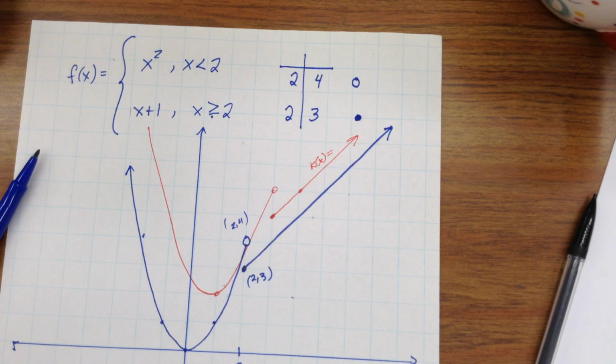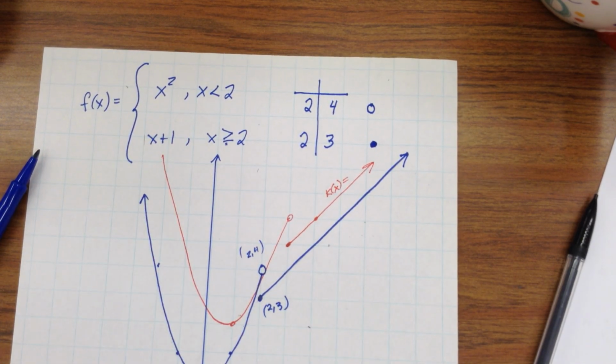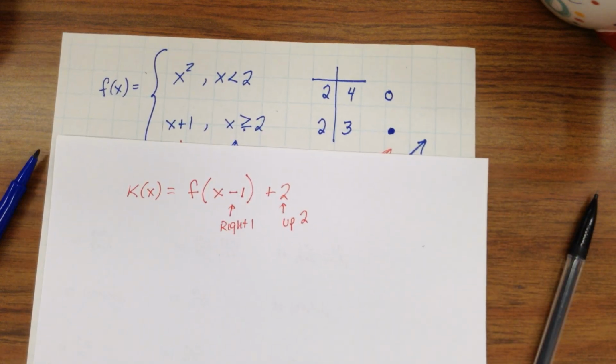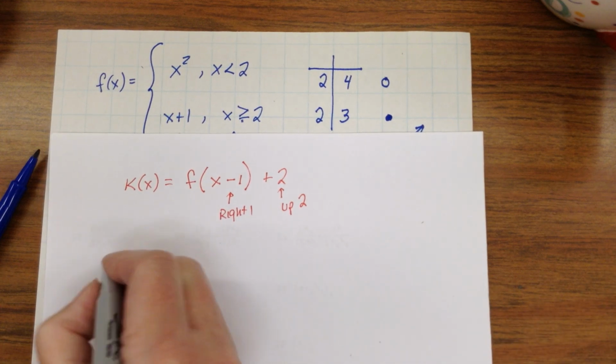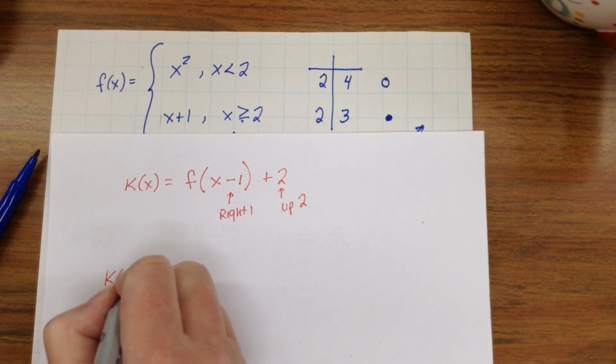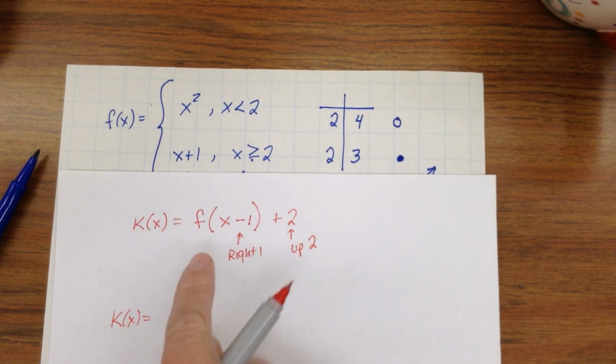Yeah, but here's the harder part. You know how f was written as a piecewise function? Can we write k of x as a piecewise function? I think we can. Here we go. K of x. All right, let's go through this.